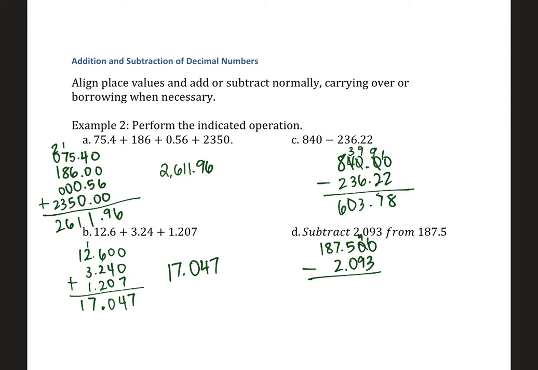So this becomes 9. This becomes 4. 10 minus 3. 9 minus 9, 0. 4 minus 0, 4. 7 minus 2 is 5. 185.407. Same thing as whole numbers, we're aligning it, but now we're adding in those little zeros where they need to be. We call them placeholders. It's holding the decimal place.